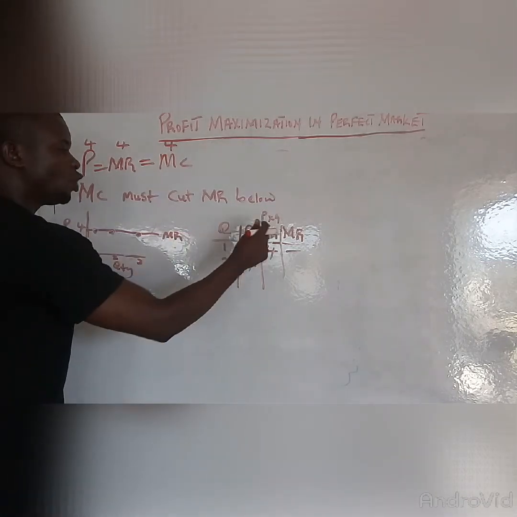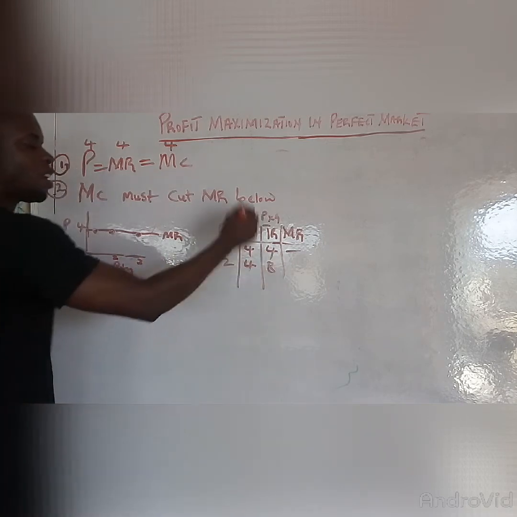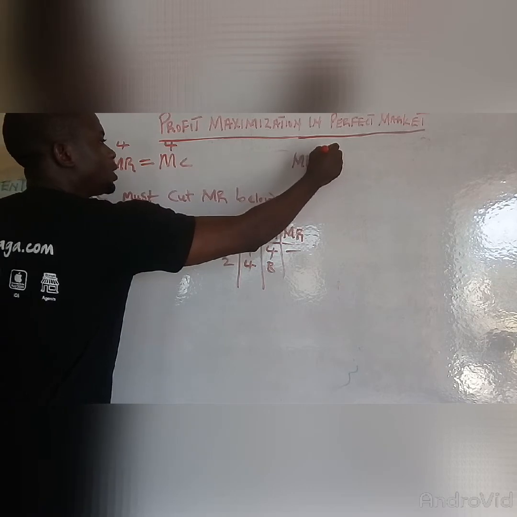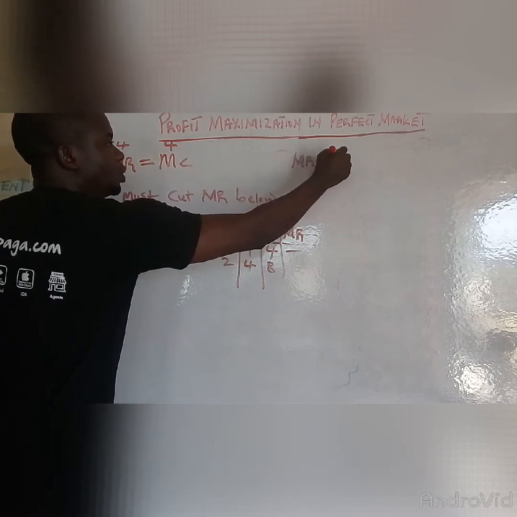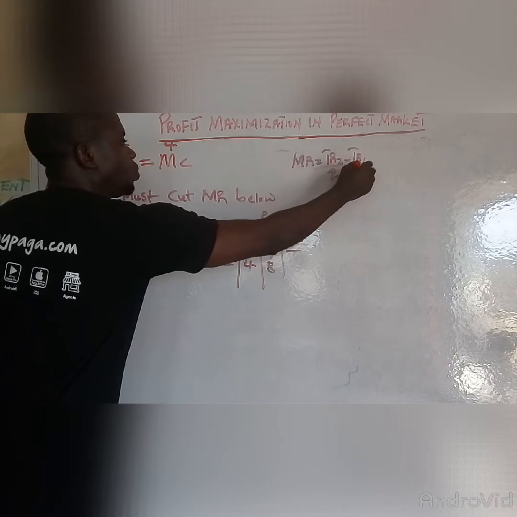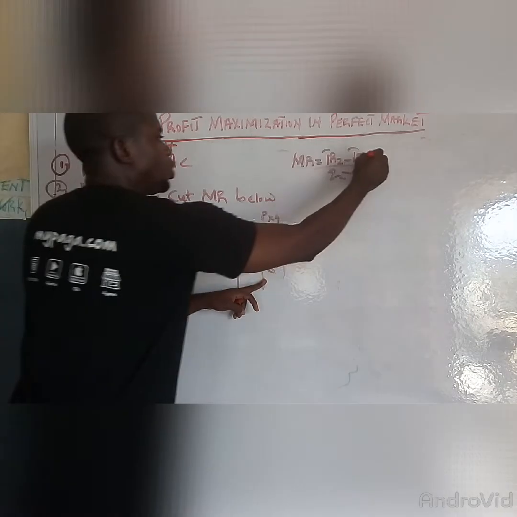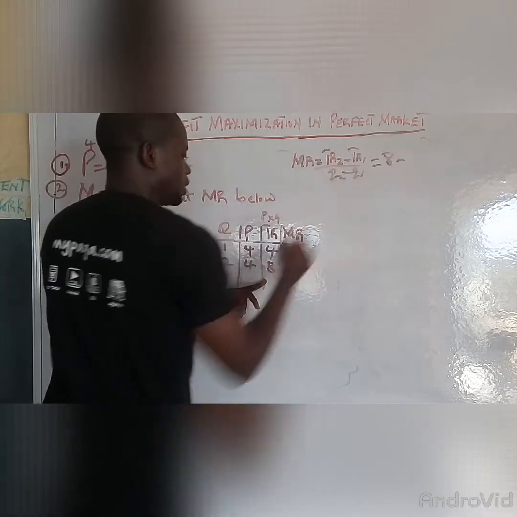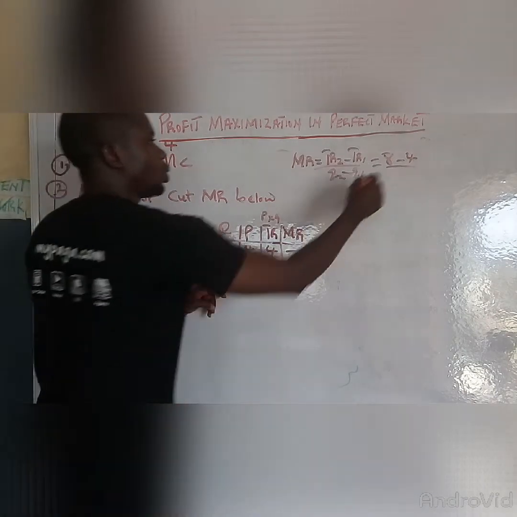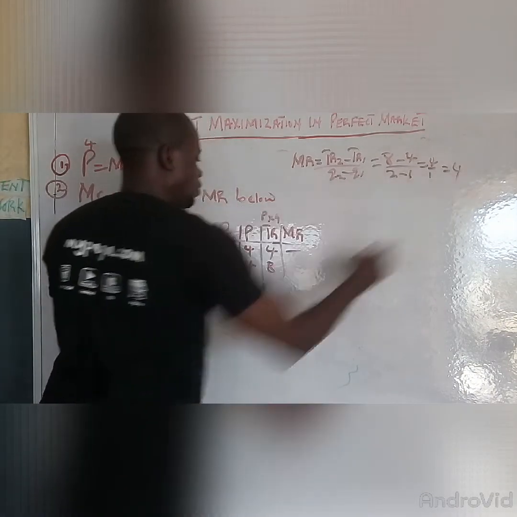And our total revenue will be P times Q again, which is 4 times 2, which is going to be 8. So if we want to find our marginal revenue now, we go by the formula that says marginal revenue equals TR2 minus TR1 over Q2 minus Q1. So this TR2, which is 8, so we have 8 minus TR1, which is 4, over Q2, which is 2, minus Q1, which is 1, which is 4 over 1. So our marginal revenue will be 4.